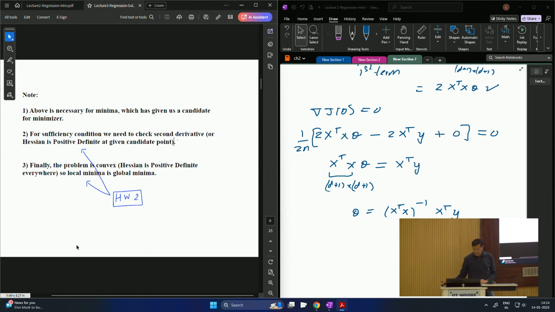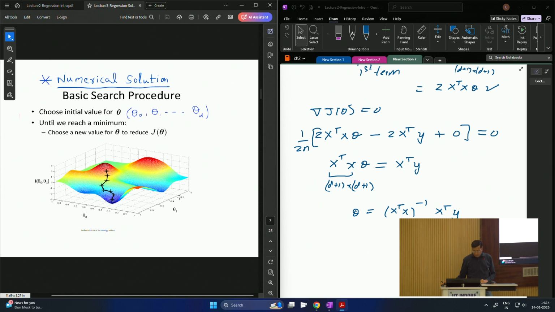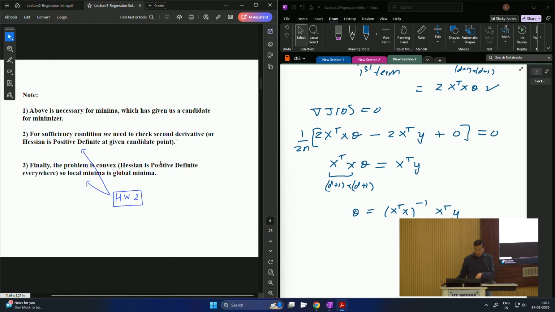Okay. Alright, so before I start the numerical, why do we need a numerical solution? Because this inverse may not exist. It could be that even square matrices are not invertible. That you know from your linear algebra. If it is rank deficient, that's why I said yesterday, those who were there, go back and revise your linear algebra if you can.